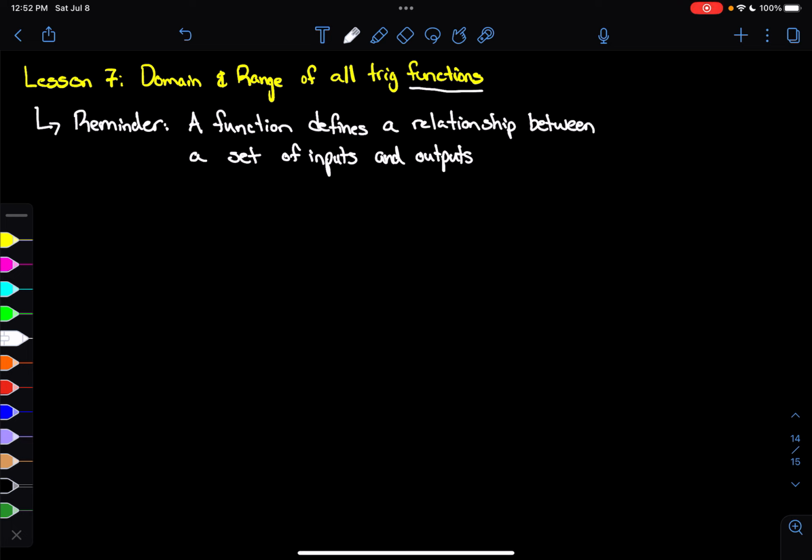And in particular, it's a function if every single input goes to exactly one output.